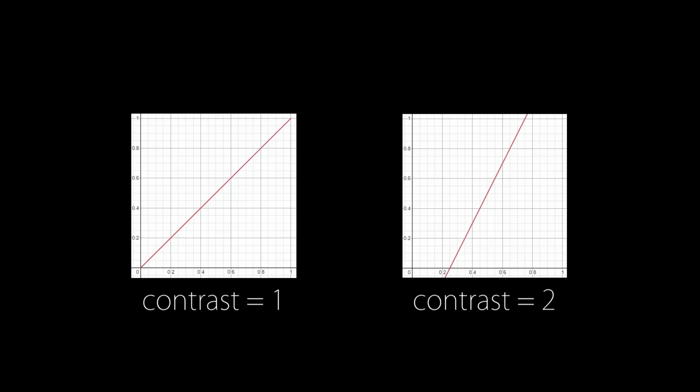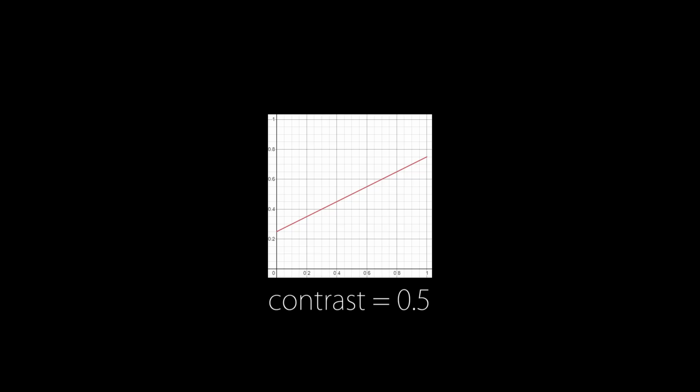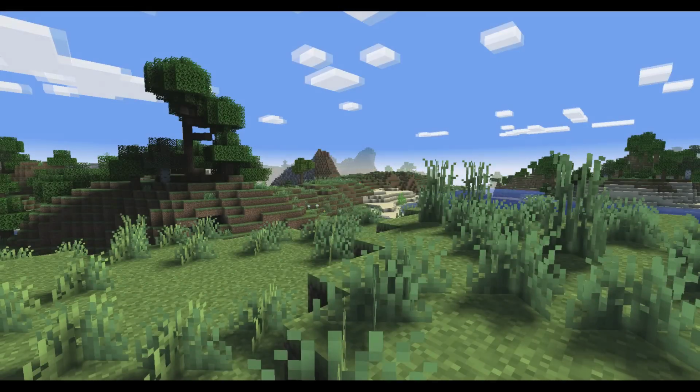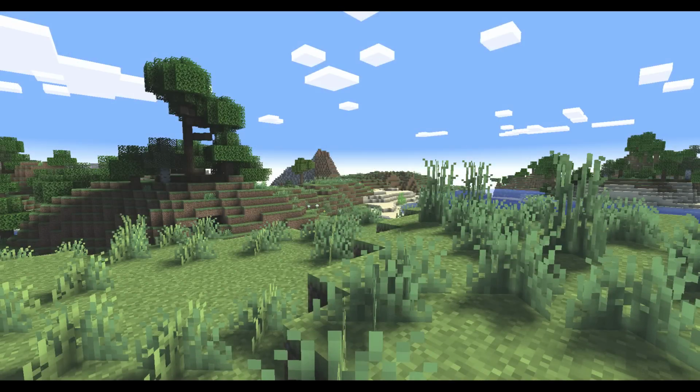The higher the contrast value, the darker dark colors get, and the brighter bright colors get. When the contrast value is between 0 and 1, colors become much flatter. The brightness in this case is an additive increase to the overall color, and with this effect applied, there's already a pleasing change to the overall appearance of the game, in my opinion.